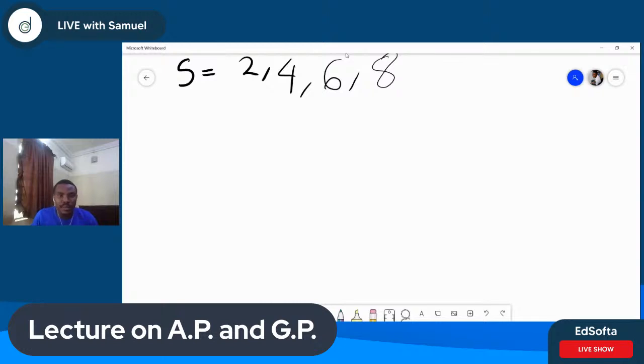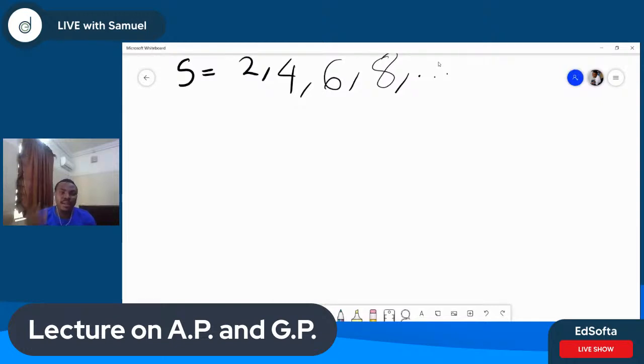Now, obviously, if I ask you to get the next number, it is a bit easy because you can see that 4 minus 2 is 2, so you know they're adding by 2, so you know it's 10. But sometimes it gets a bit tricky and the calculations get a bit large. That's why we need to have a formula so that it makes it easier for us.